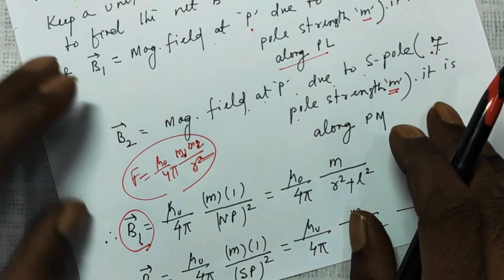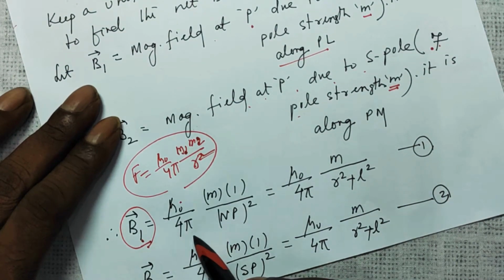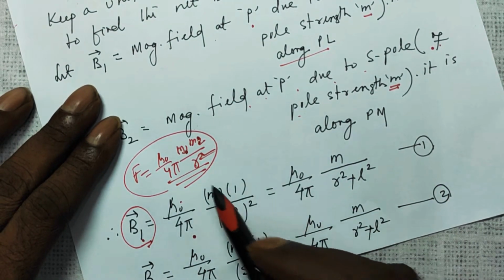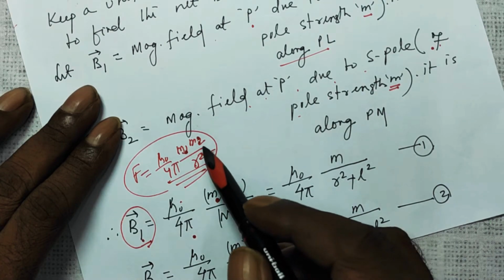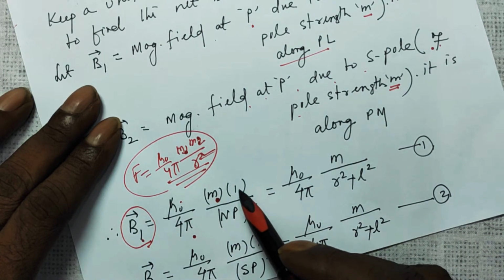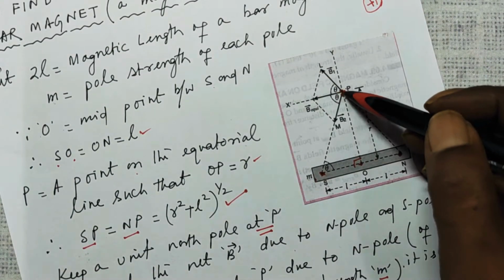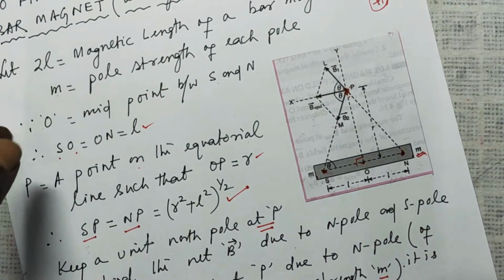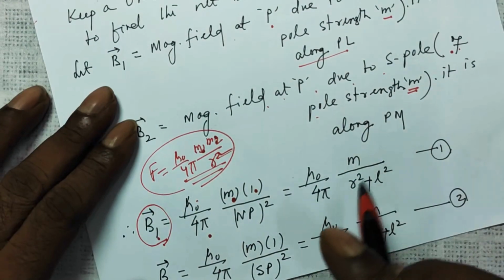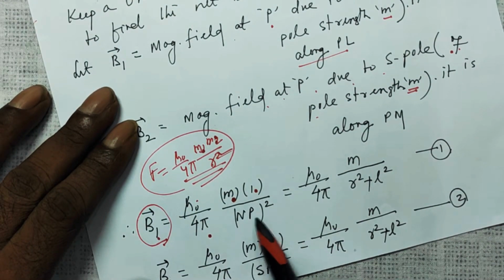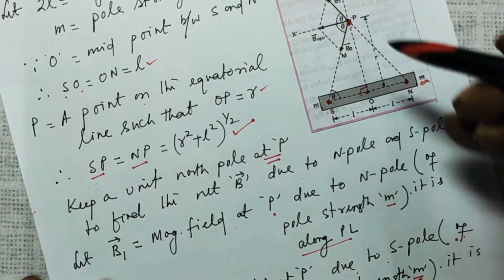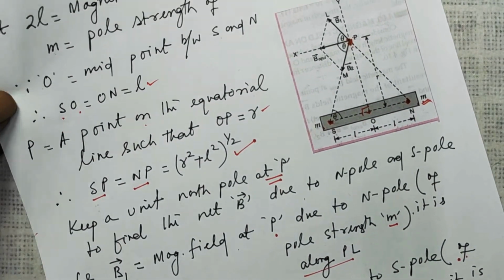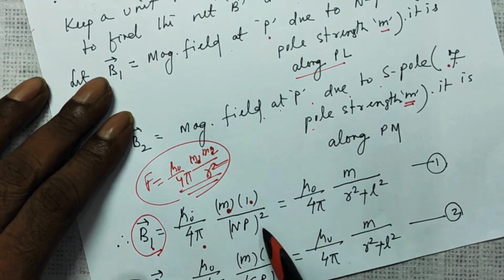So B1 will be mu naught over 4 pi using this relation. For m1 I put m, that is the pole strength of the north pole. For m2 I put 1 because I have kept a unit north pole at P. So that is equal to 1 divided by the square of the distance, and the distance is from N to P, so it is NP square.